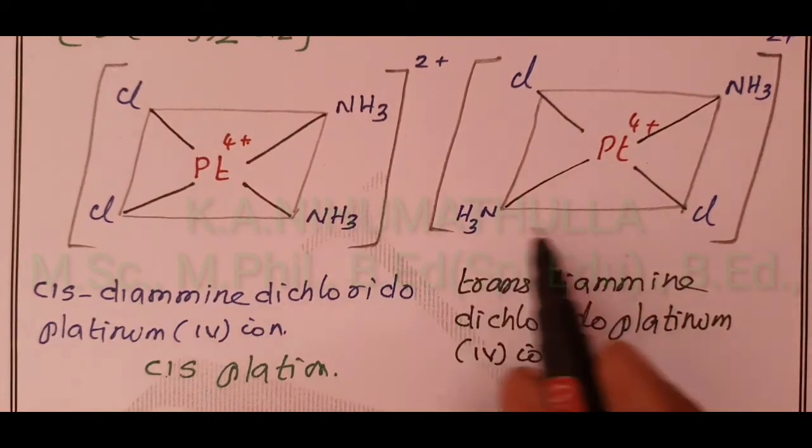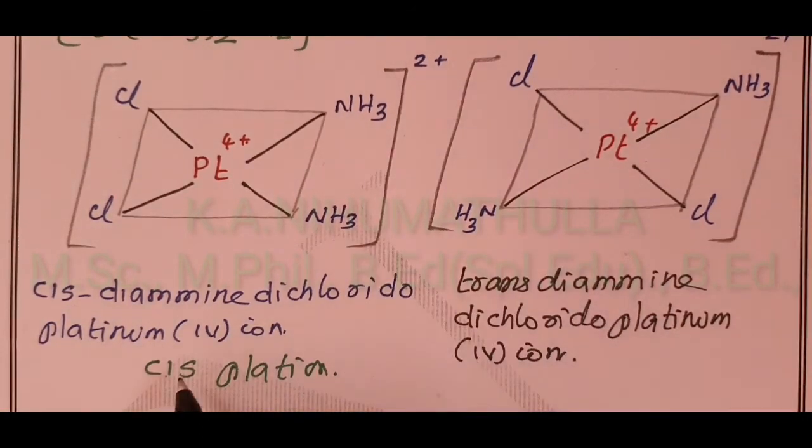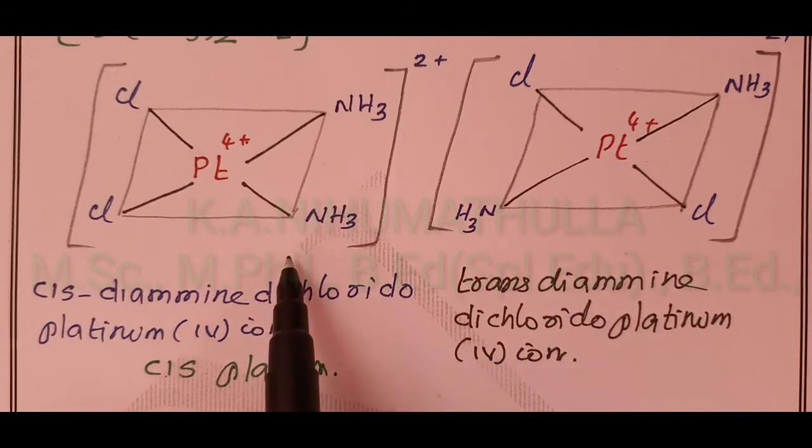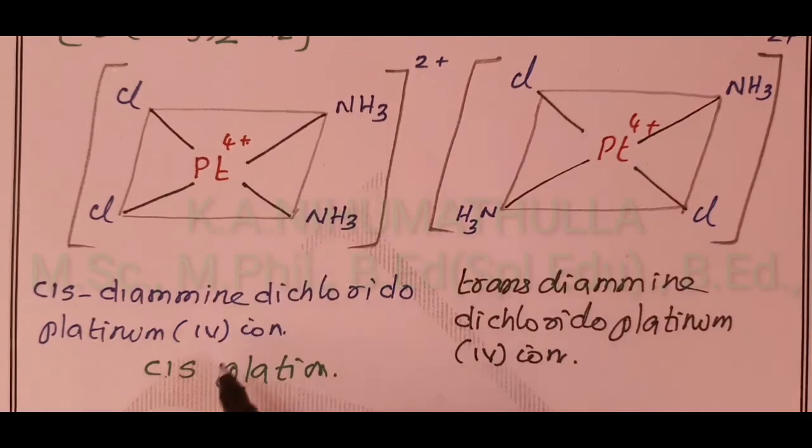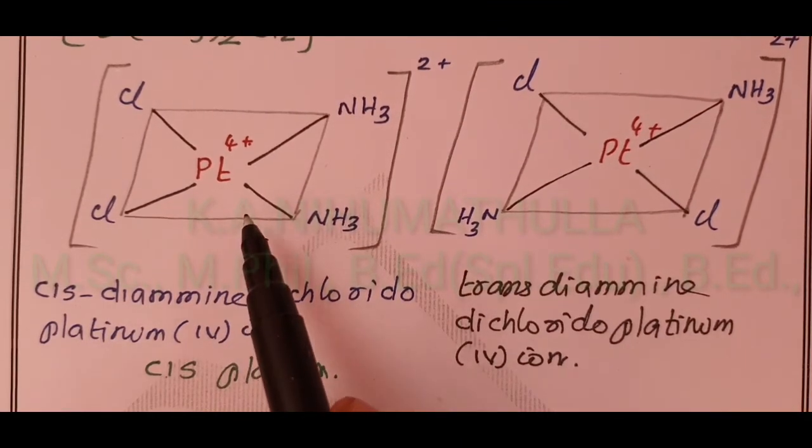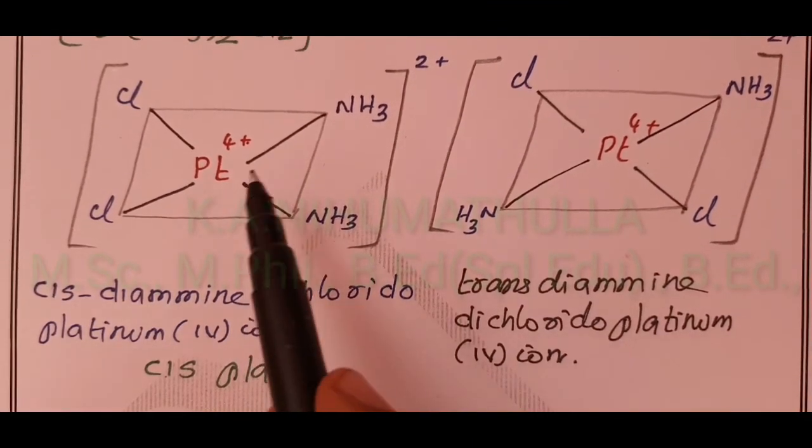Among the two geometrical isomers, this cisplatin acts as an anti-cancer drug. This cisplatin is injected into our body.